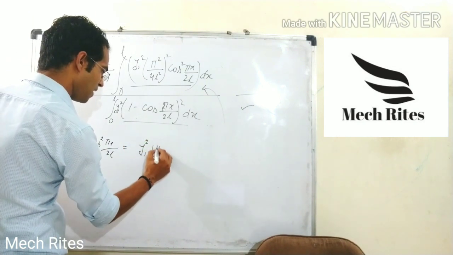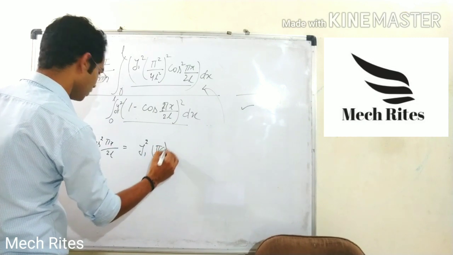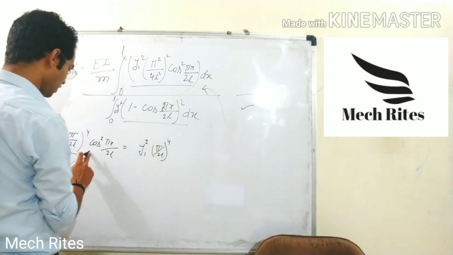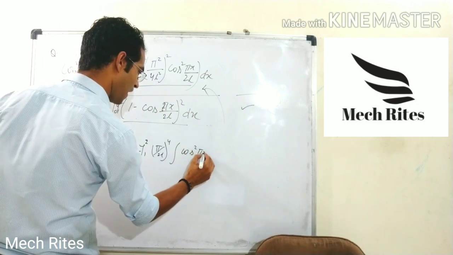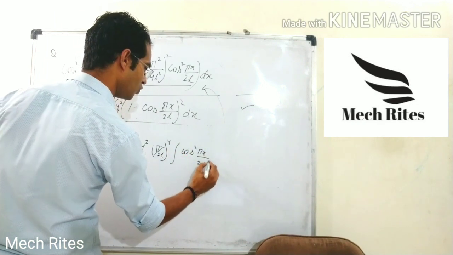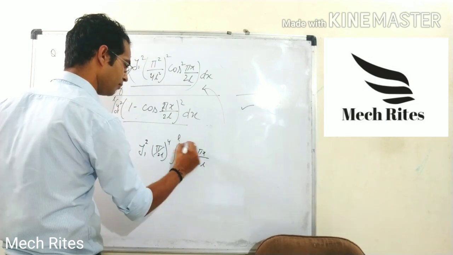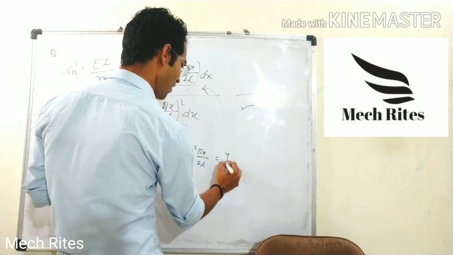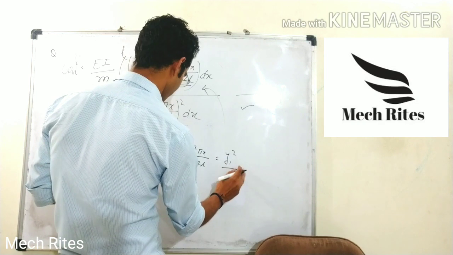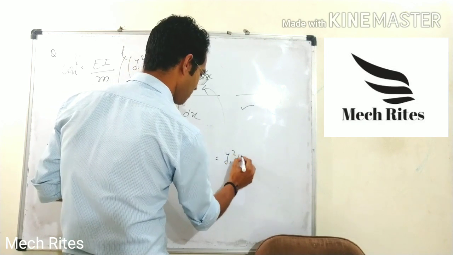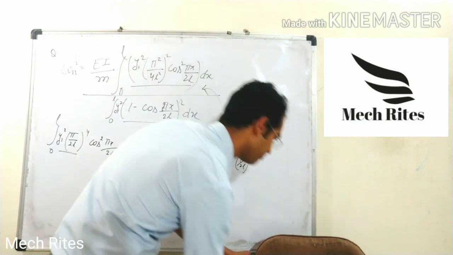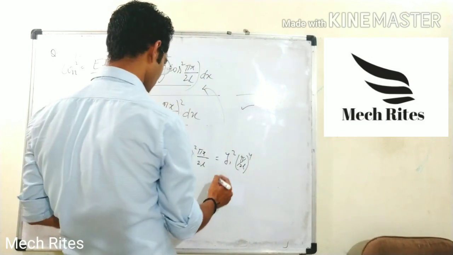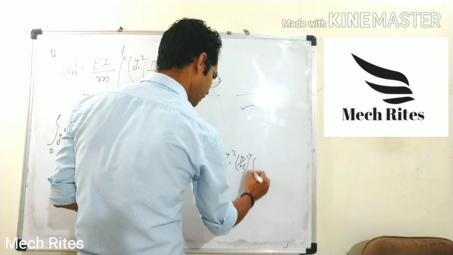So it is (pi by 2L) to the power 4, integration of cos square(pi x by 2L) from 0 to L, multiplied with y1 square.